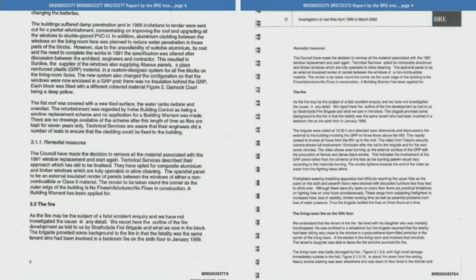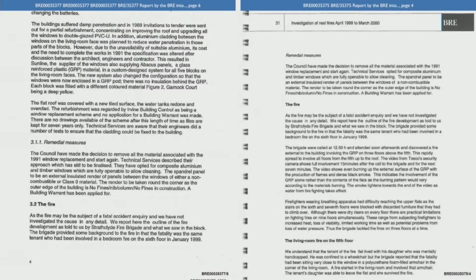We've got the paragraph that says remedial measures, and in the left-hand side, you can see there's a sentence which says the spandrel panel. Can you see halfway down? Yes. The spandrel panel to be an external insulated render of panels between the windows of either a non-combustible or Class 0 material. And if you look at the right-hand side, third line down, it says the spandrel panel to be an external insulated render of panels between the windows of a non-combustible material. No reference to Class 0 there.